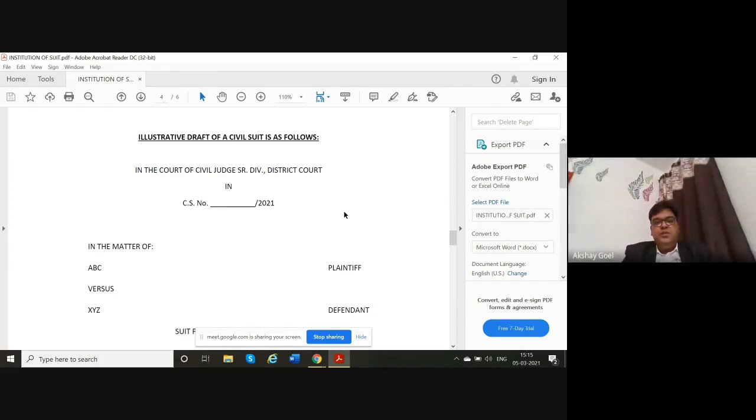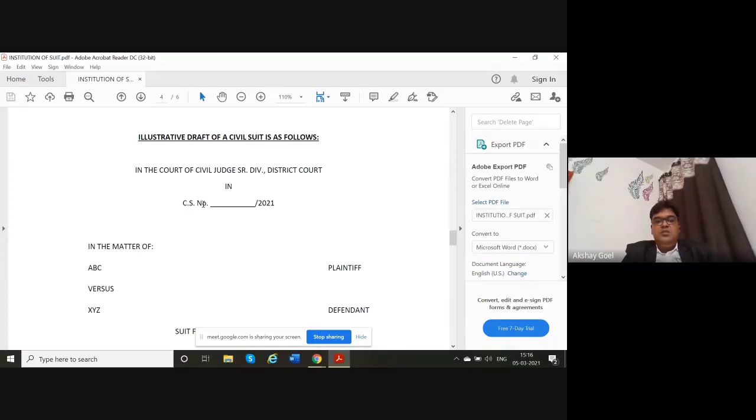This is the most important thing, because if the suit is not filed before the proper place of jurisdiction, where the pecuniary and territorial jurisdiction lies, the suit can be rejected at the very outset or returned under Order 7, Rule 10.